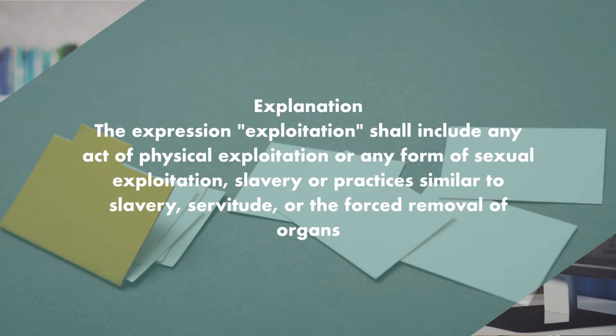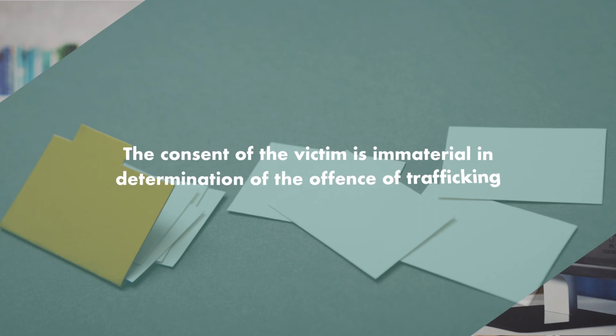Second explanation talks about the consent of the victim is immaterial in determination of the offense of trafficking. The customers or the traffickers always try to get the benefit of this fact, that the innocence and the vulnerability of the person who has been trafficked gives them a chance to get consent from that victim by fraud, deception, paying money, using force, or exploiting that person.